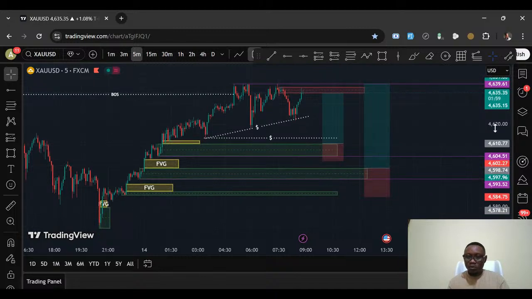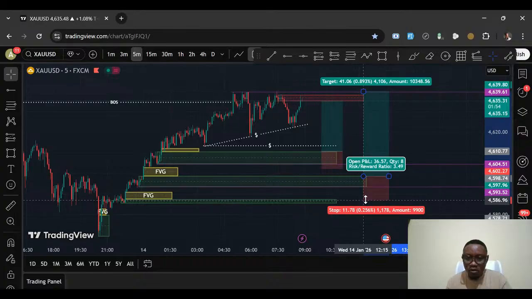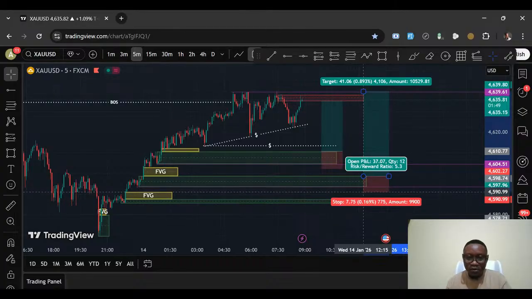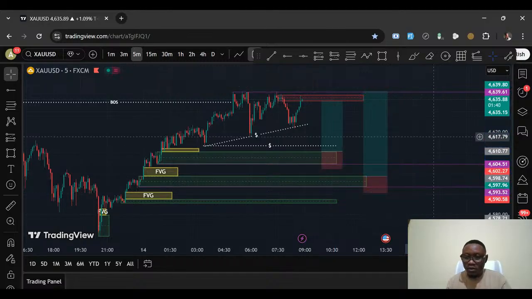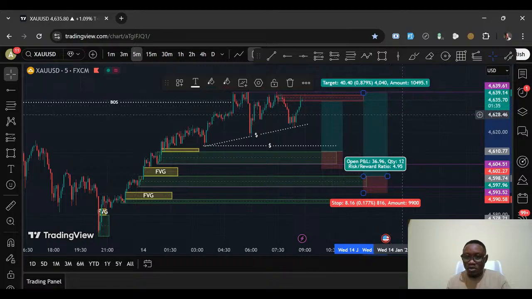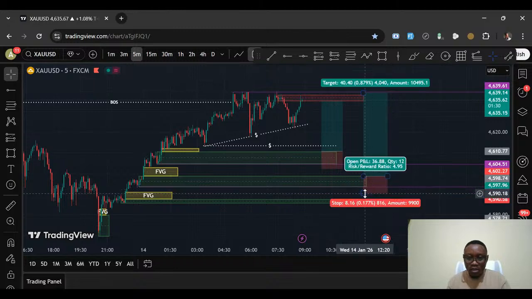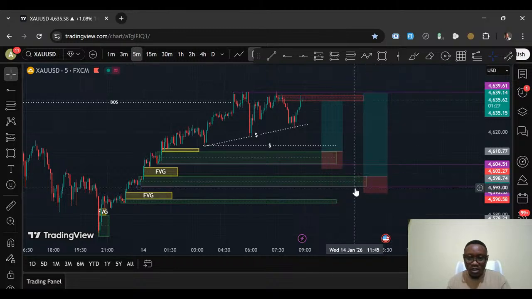But please give room for liquidity sweep, because I noticed that gold has been sweeping liquidity consistently lately before making the main move. So target the most recent swing high, which is this resistance level. Then our SL will be right here, slightly below the swing low.